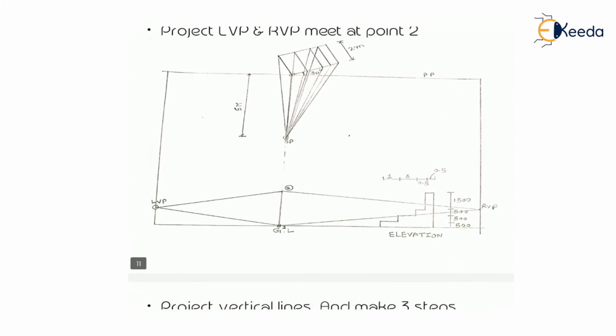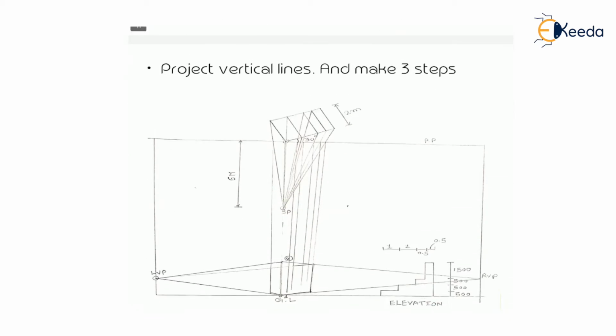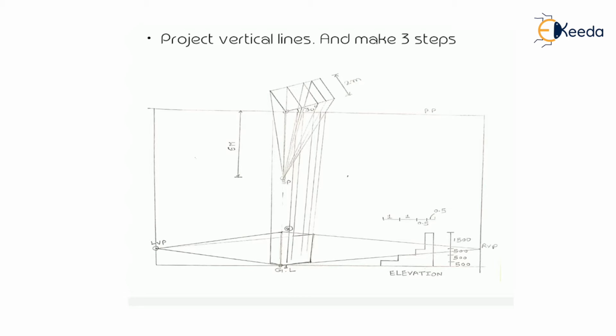Similarly we have the second point, which is at 3 meter height from point 1, and the same VLP is projected to point 2 and also RVP is projected to point 2. Then all the vertical lines we extend up to the projection lines.